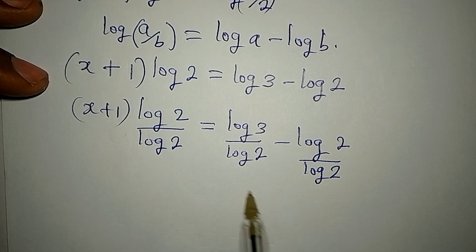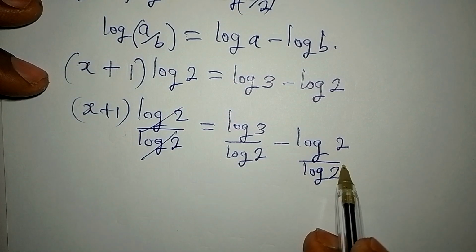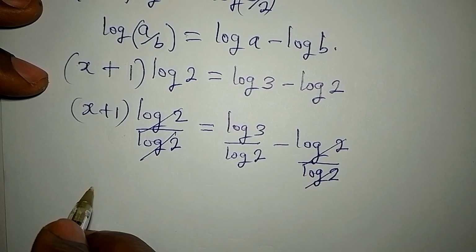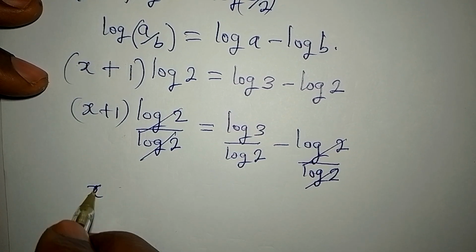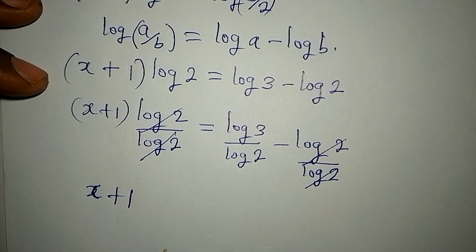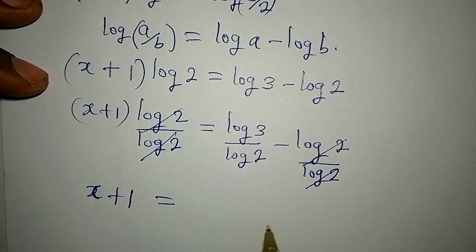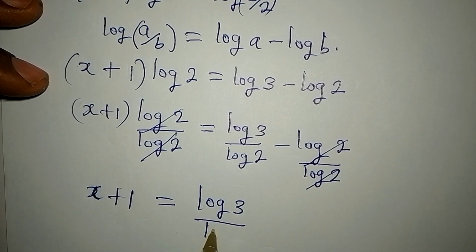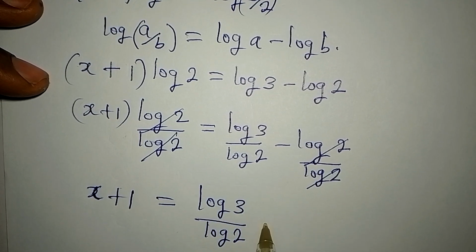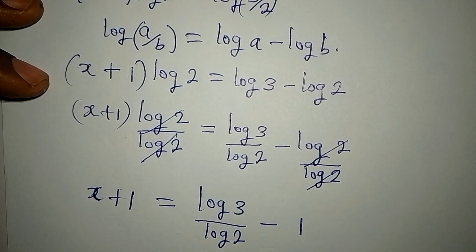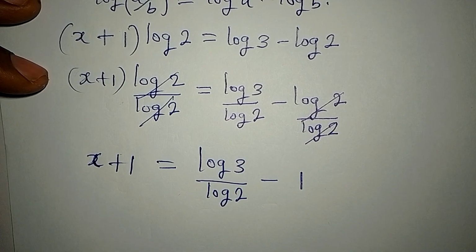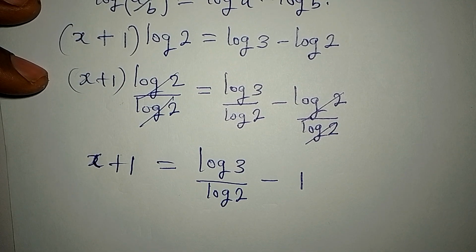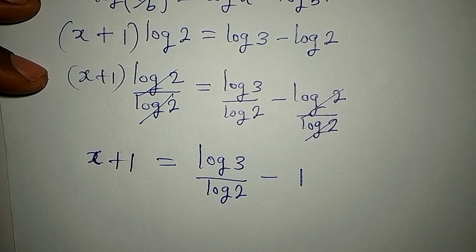Now what happens? This and this will go, and x plus 1 will be alone, equal to log 3 over log 2, then minus 1, because log 2 over log 2 will give 1.